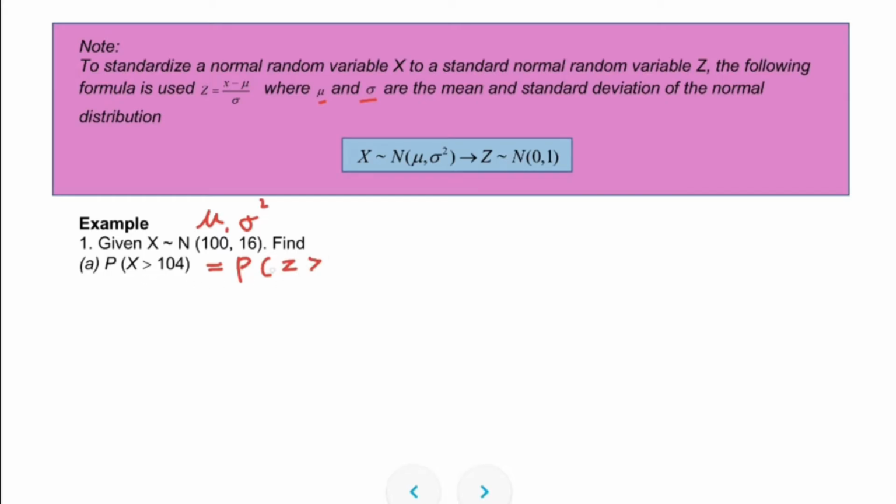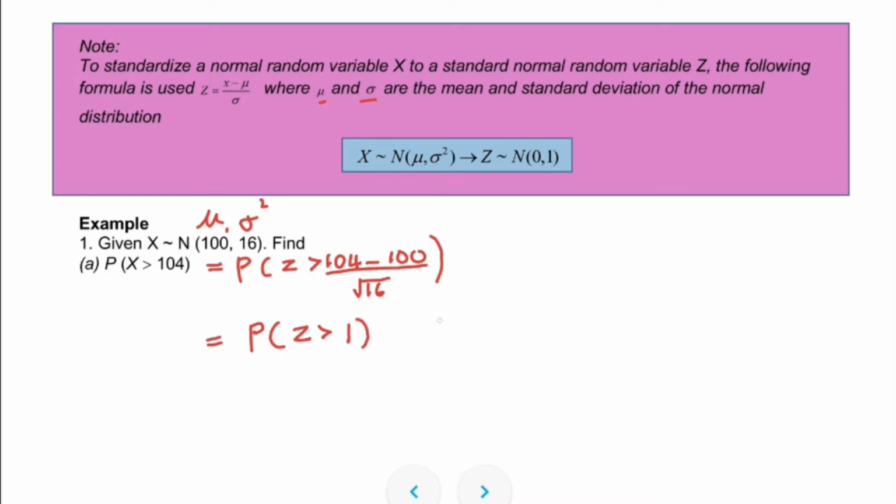Z in capital letter is 104 minus the mean, 100, divided by the standard deviation. Because the variance is 16, we take the square root of 16 to get the standard deviation. Simplifying, 104 minus 100 divided by 4 is equal to 1.